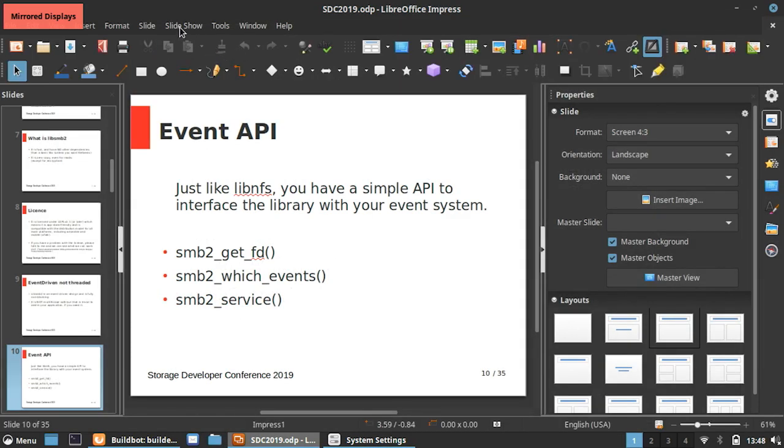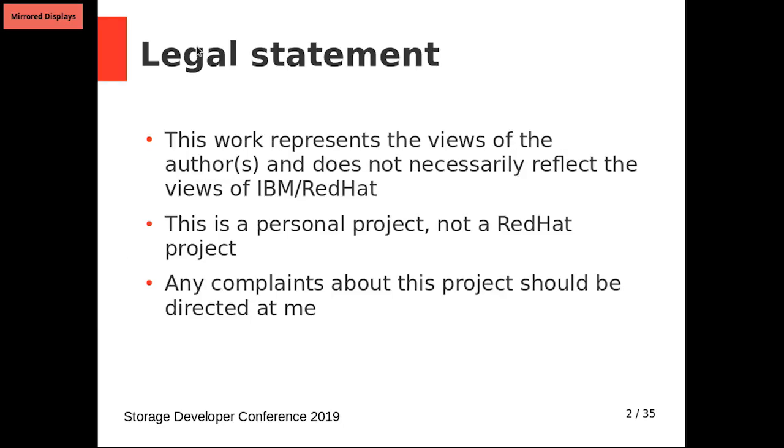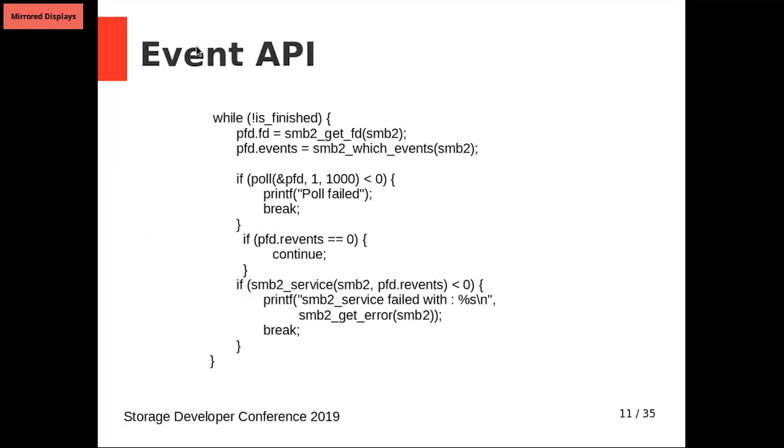Okay, speed up. Oh, no. This is what a simple event API would look like, but probably you have in your application a real event system that you can pop this into.